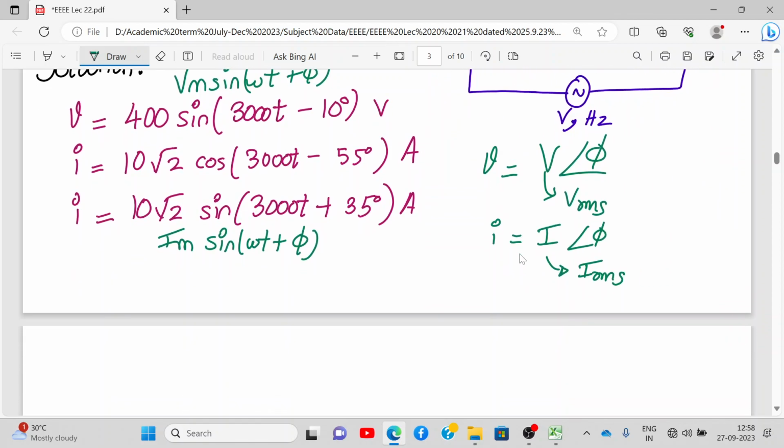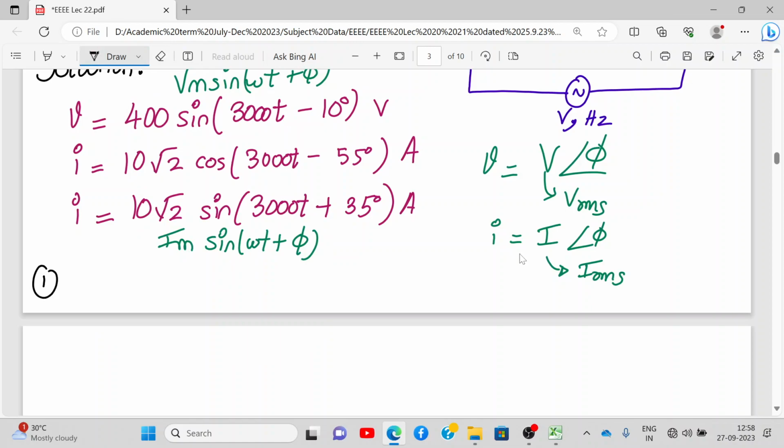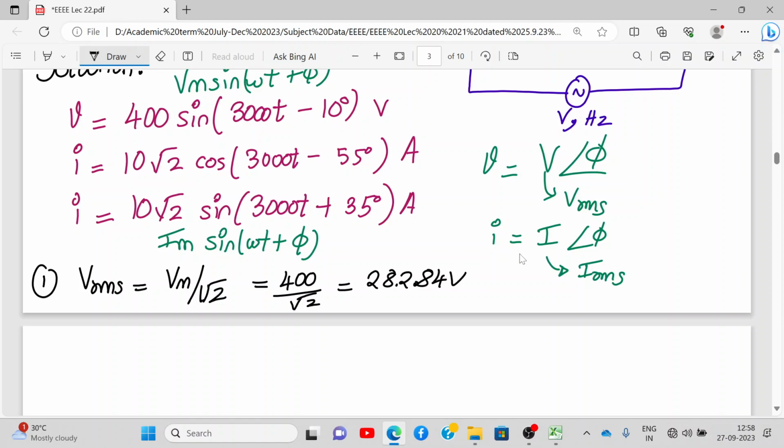We need to calculate what Vrms is given by. Yes, Vm by root 2. What is Vm? 400. 400 by root 2 will be 282.84. Please check the answer.